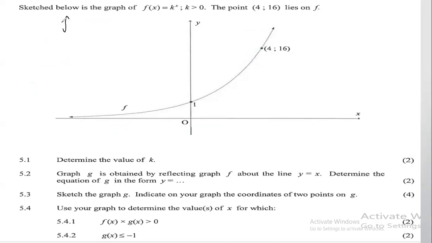We know that f is 2 to the exponent x. Remember, we calculated the value of k and found that k is 2. So the equation of the function f is 2 to the exponent x.